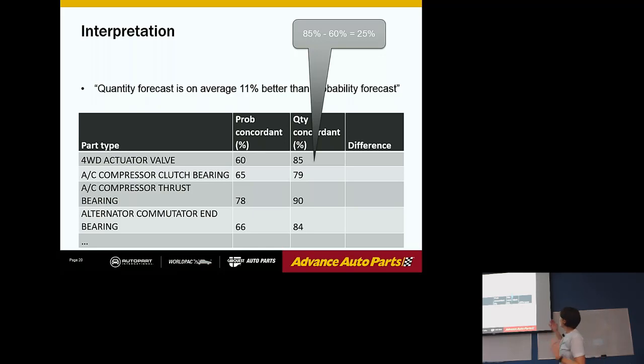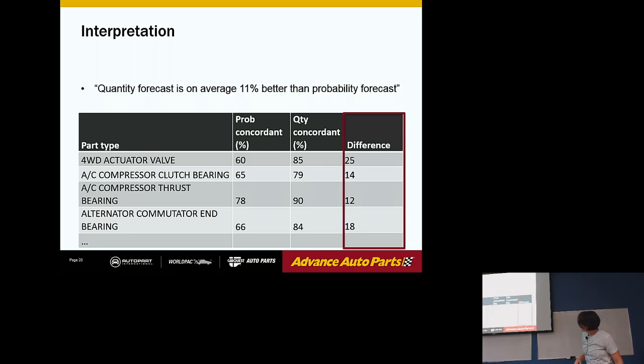We can say quantity forecast was correct for 25% more peers. Okay, that still works. After that, you have a column with difference, and it's very compelling to take an average of that.